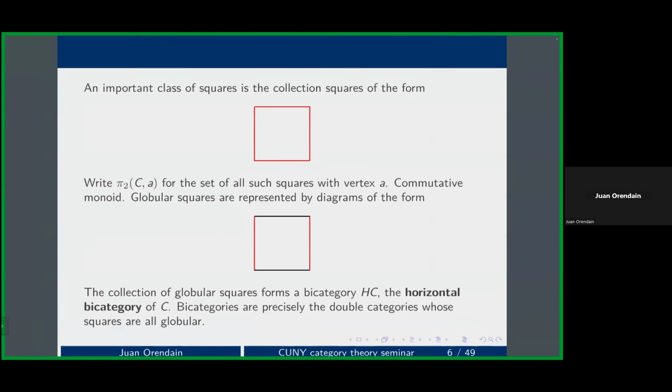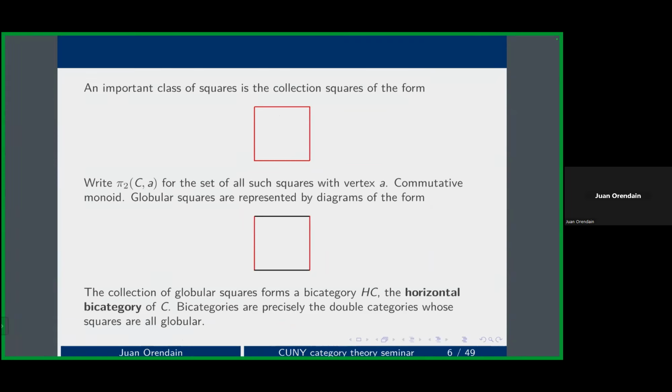Another important class of squares is the class of squares that have red boundaries. These are squares where left and right frame and domain and codomain are identities. You can think of these as kind of like spheres in your double category.